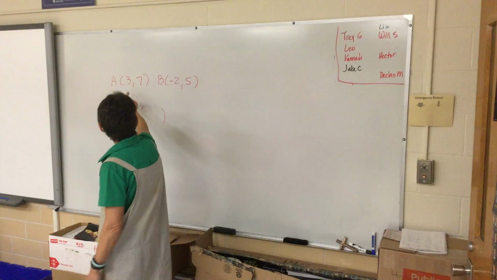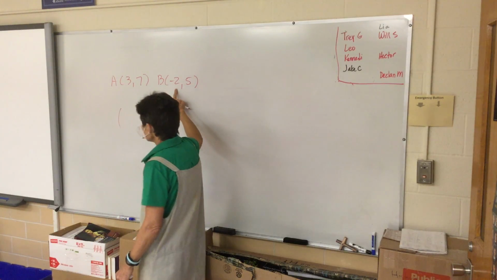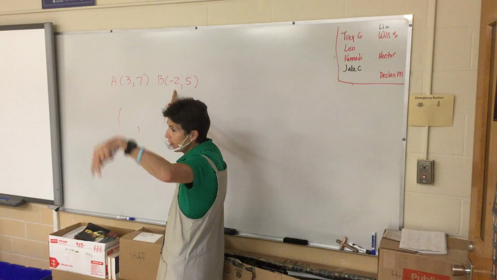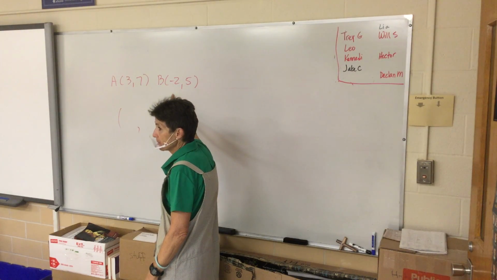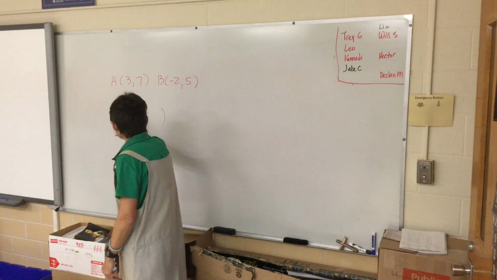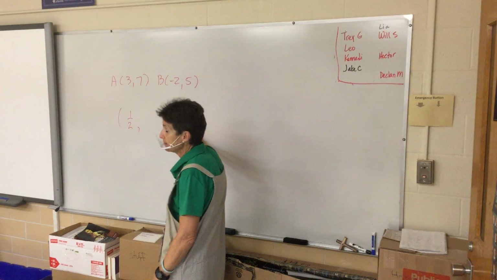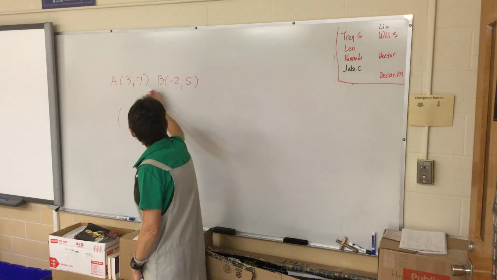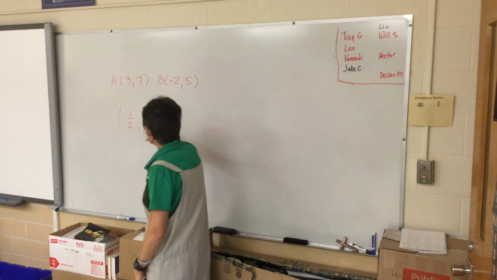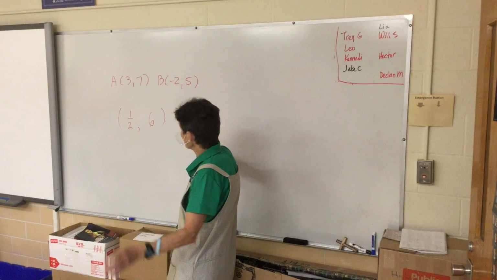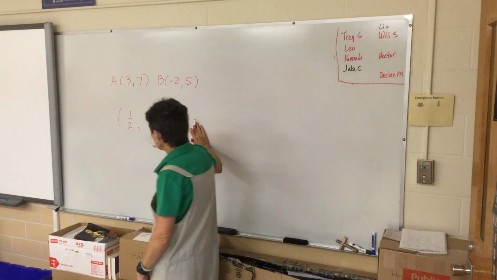So that means we're going to add our x's. You got to do the x's together and the y's together. So 3 and -2 makes 1 divided by 2, so that would be 1/2. And then 7 and 5 is 12, divided by 2 is 6. That's it, that's all there is to the midpoint.